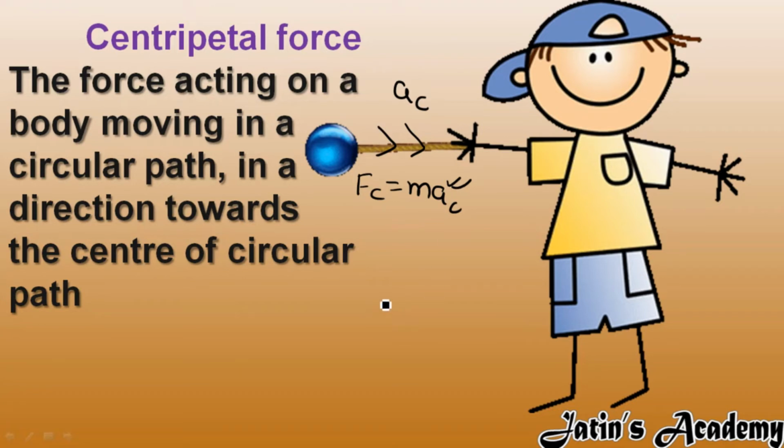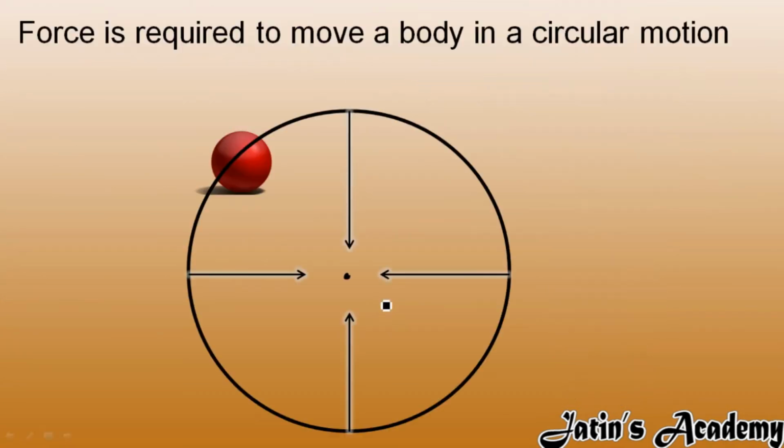Now carefully see, at this point centripetal acceleration is in this direction, at this point in this direction, at this, and lastly at this. It means that at each and every point the direction of centripetal acceleration keeps on changing.